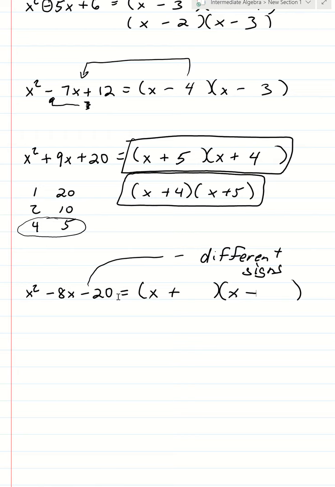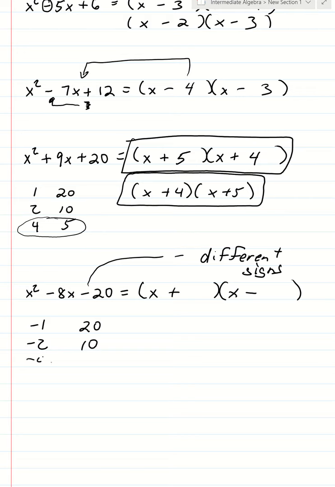And so now, once again, we need to come up with one positive and one negative number that multiply to the negative 20, but remember now they have to add up to the negative 8. So let's think about it. Let's once again list out what numbers multiply to a negative 20. I, of course, can use negative 1 and 20. I could do negative 2 and 10.